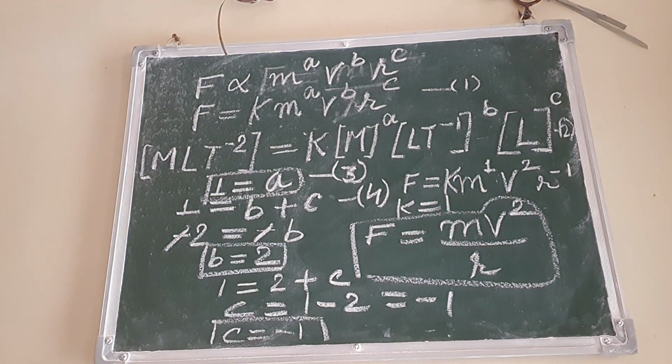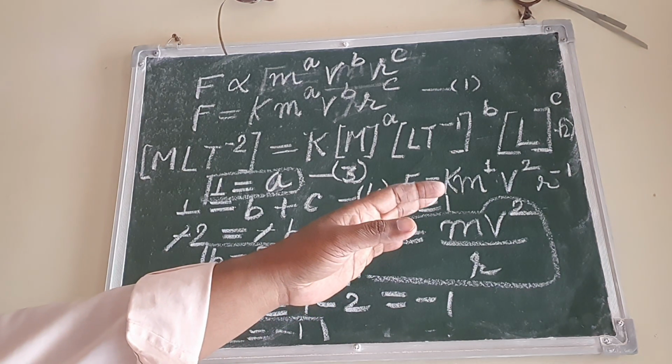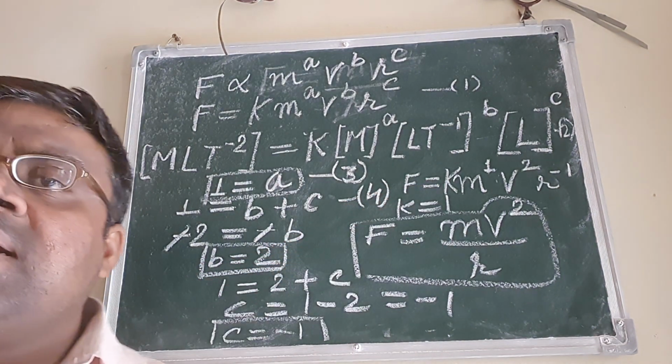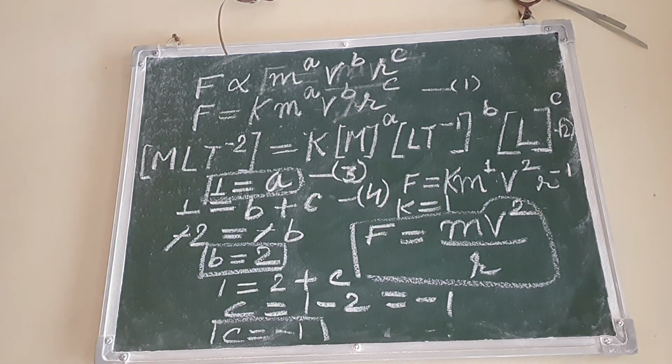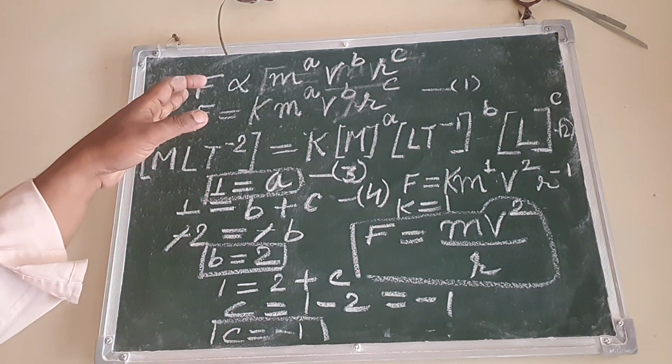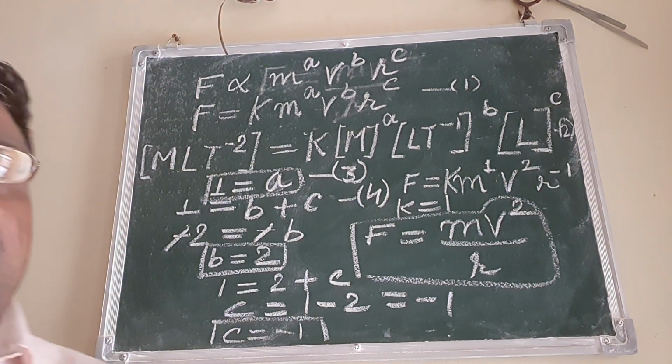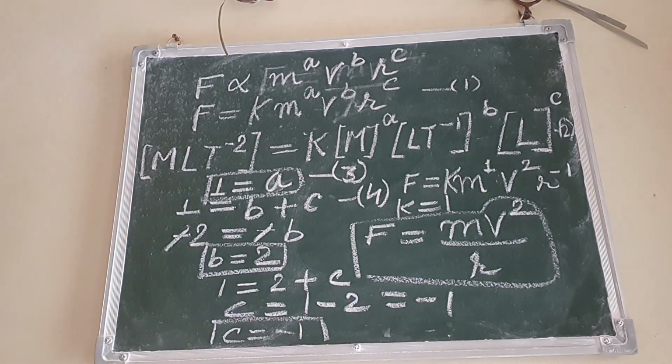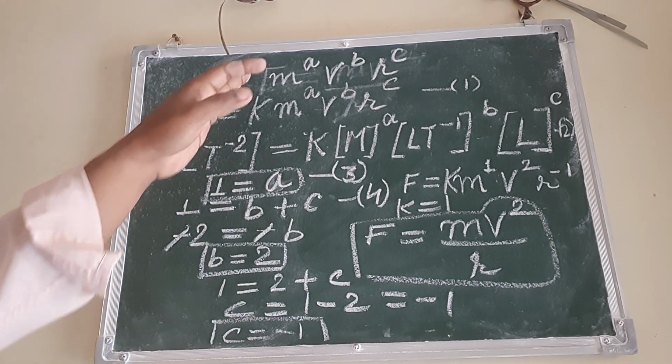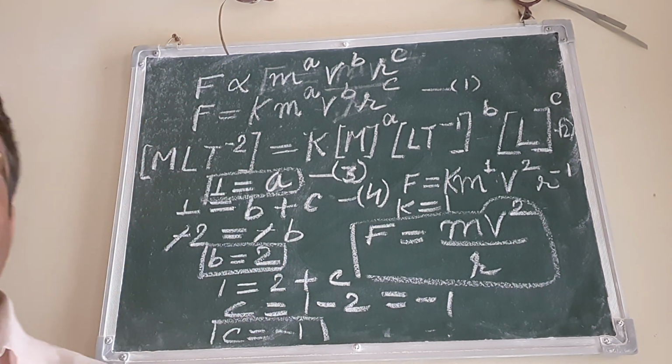It depends upon the parameters m, that is mass, v, velocity, and r, the radius of the circular path. So our first equation according to dimensional analysis becomes f is directly proportional to m raised to power a, v raised to power b, r raised to power c.